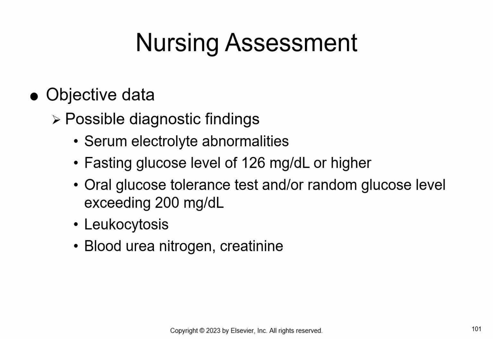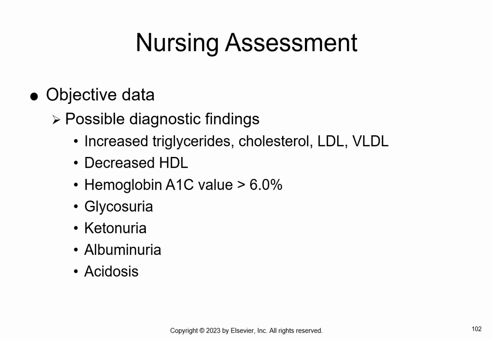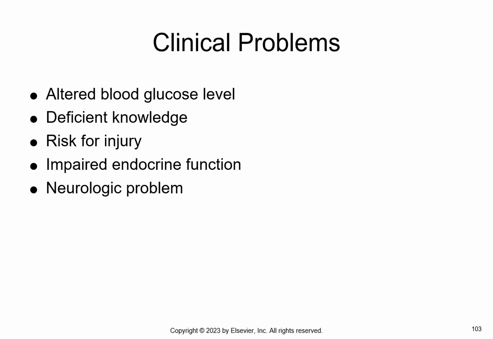What are the A1C levels? Fasting glucose level 126 or higher. Has it been that? Oral glucose tolerance test, has it exceeded 200? Is there leukocytosis? Are BUN and creatinine within normal levels? So you look at those possible diagnostic tests.